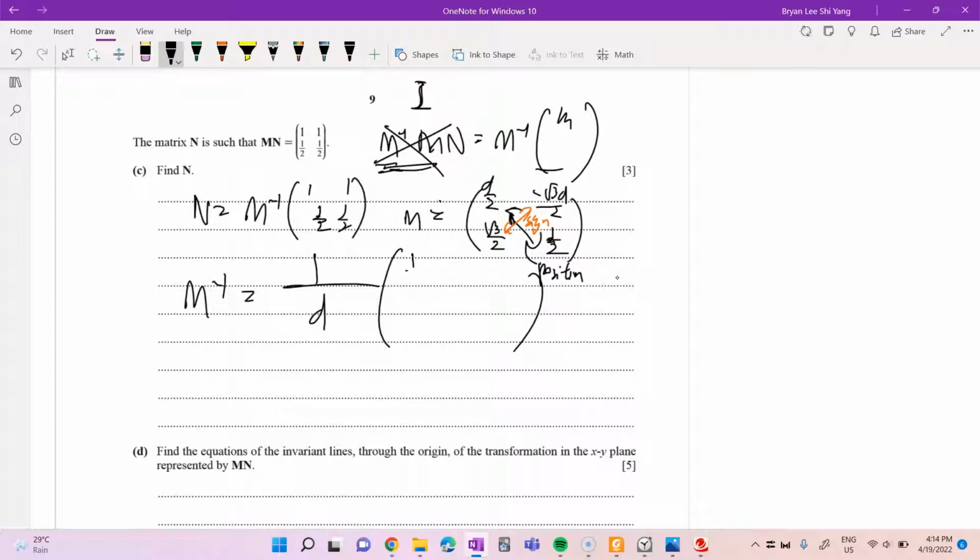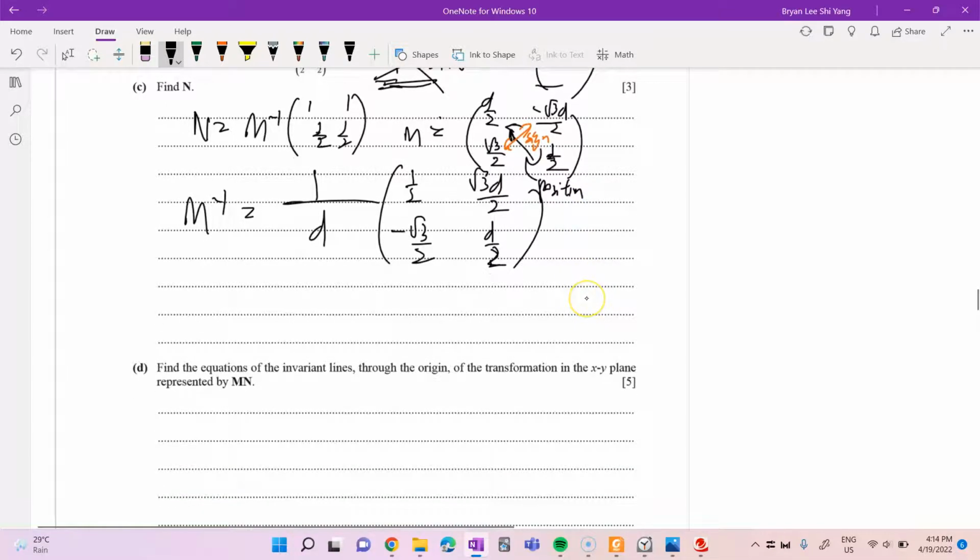So we have half, then d over 2, then negative 3 over 2, and then positive 3d over 2. So this would mean that my inverse of m would be 1 over 2d, negative 3 over 2d, 3 over 2, and then 1 over 2, right?